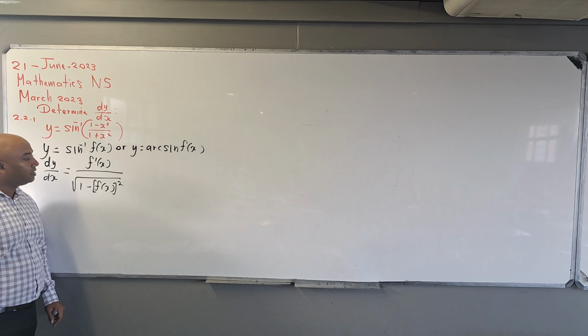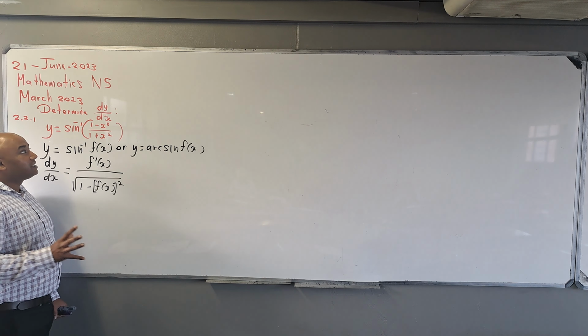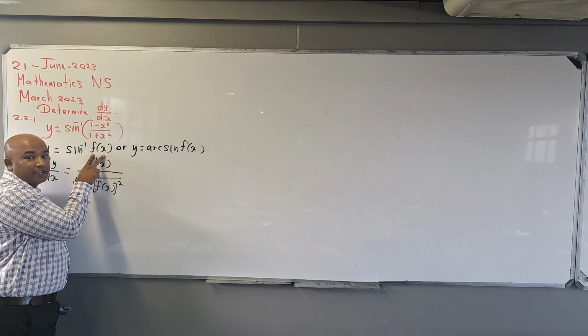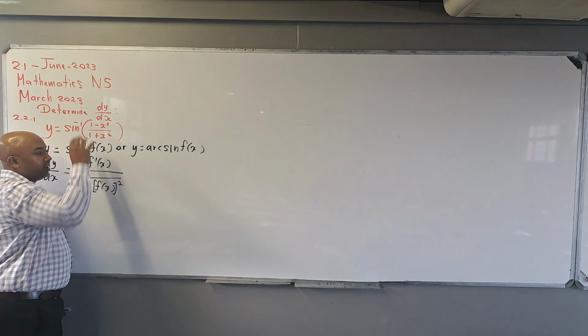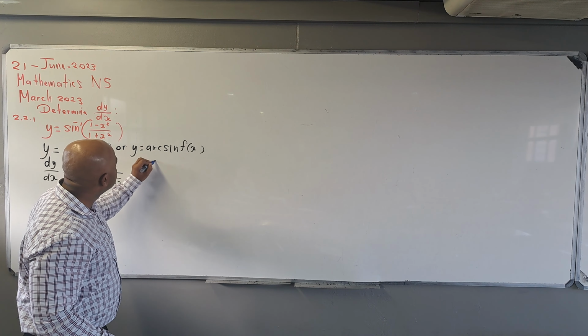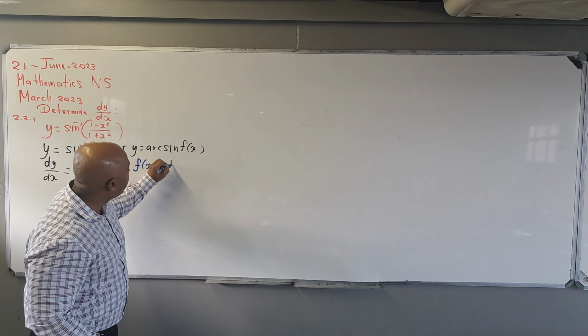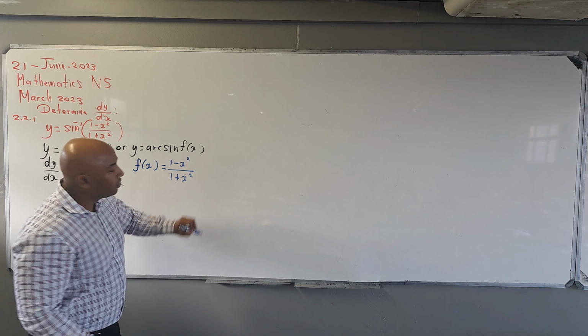It means the same thing. So in this case, what you need to do is identify the f of x part. So the function of x, and this is your f of x. So here, my f of x is equal to 1 minus x squared all over 1 plus x squared.